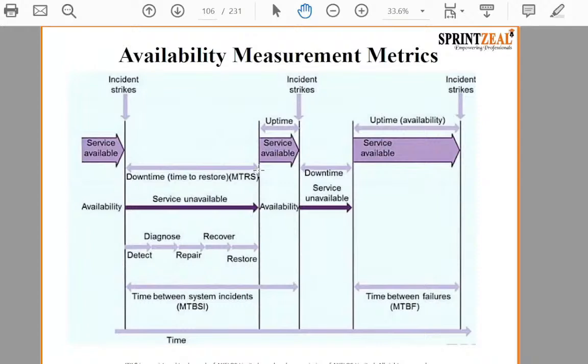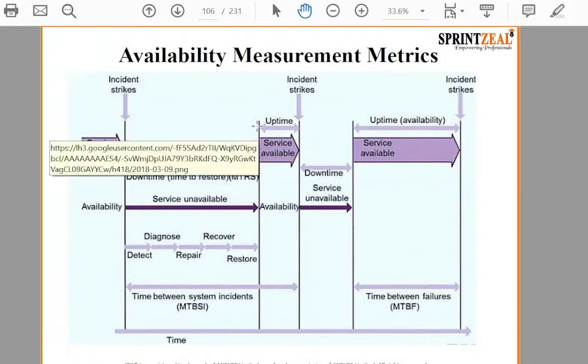I call in and say, hey, your website is down. They say, okay, please bear with us, we're going to bring it back up as soon as possible. I say, okay. I wait 7 minutes, keep hitting refresh. The moment that service is restored, it starts the uptime.